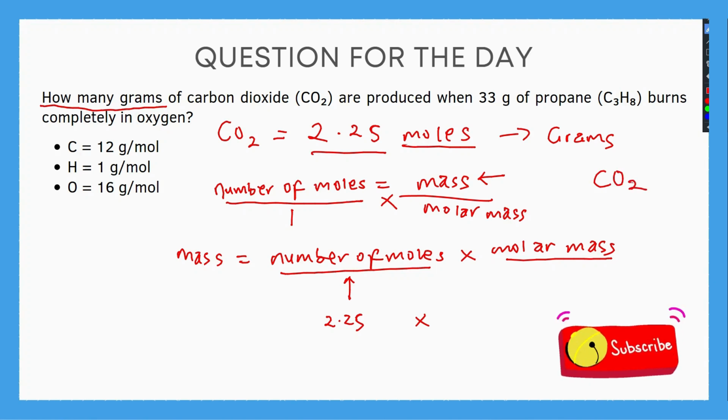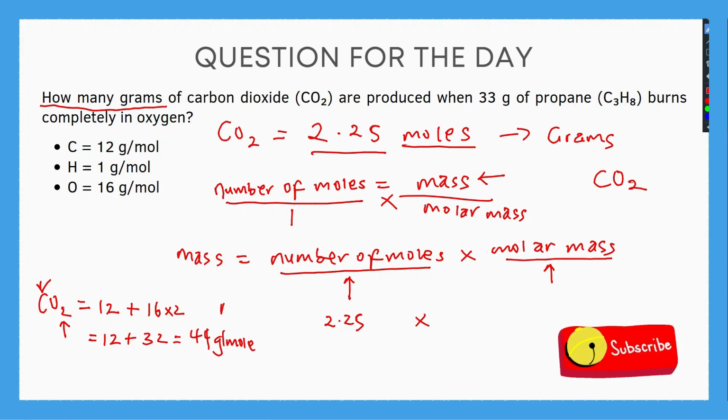What is the molar mass of carbon dioxide? Let's check it out. CO₂ will be equal to, we have just one atom of carbon, which is 12, plus 2 atoms of oxygen, which is 16 times 2. This is equal to 12 plus 32, which gives us 44 grams per mole.